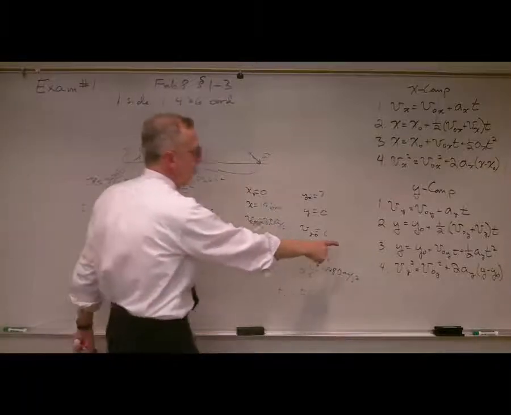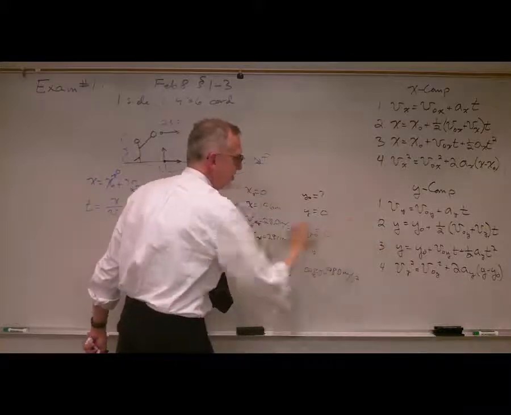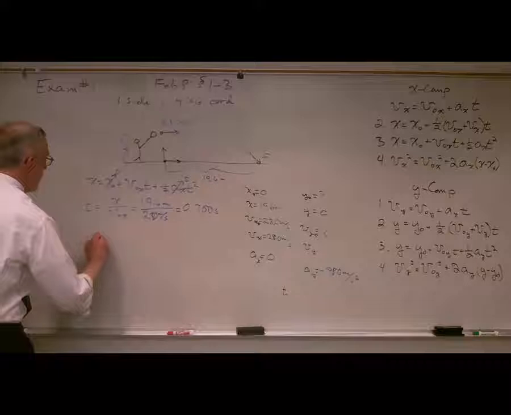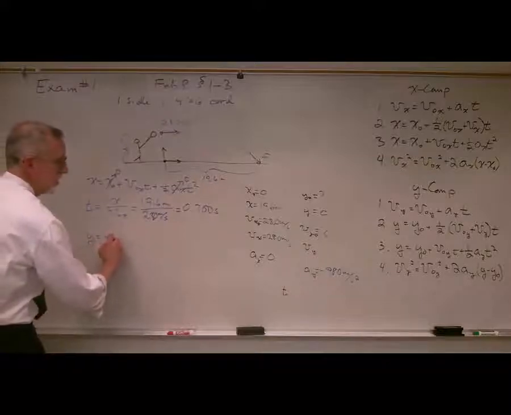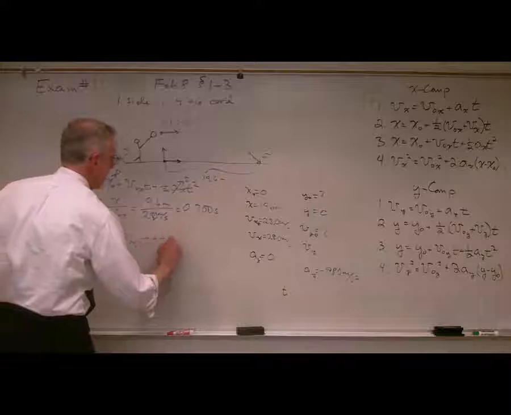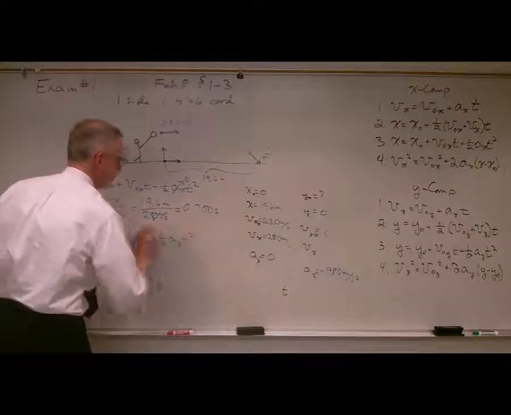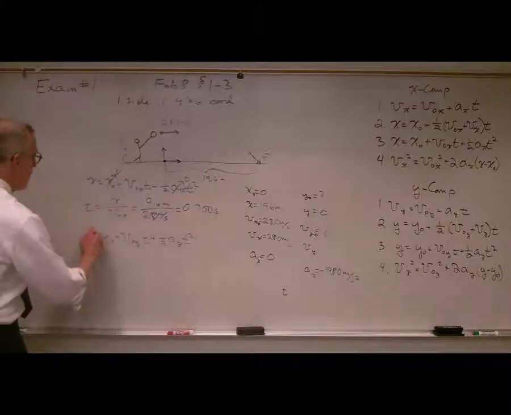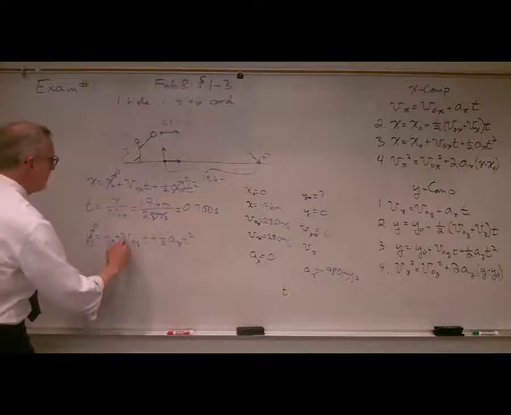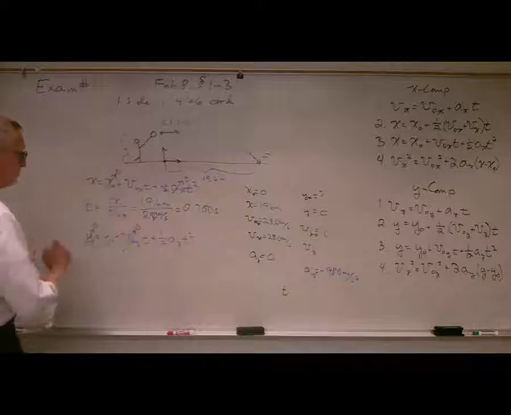Why don't we use the third equation here to solve for y naught? We've got y equals y naught plus v naught y t plus 1/2 a y t squared. We have that y is 0, and v naught y is 0.